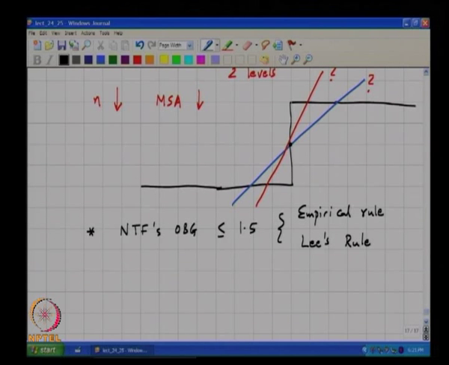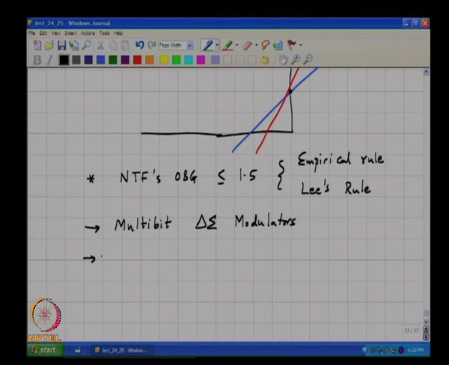So, therefore, modulators are of two kinds, those with many levels or what are called multi-bit delta sigma modulators, or single bit modulators, and this is where oversampling and noise shaping are pushed to the extreme, right.